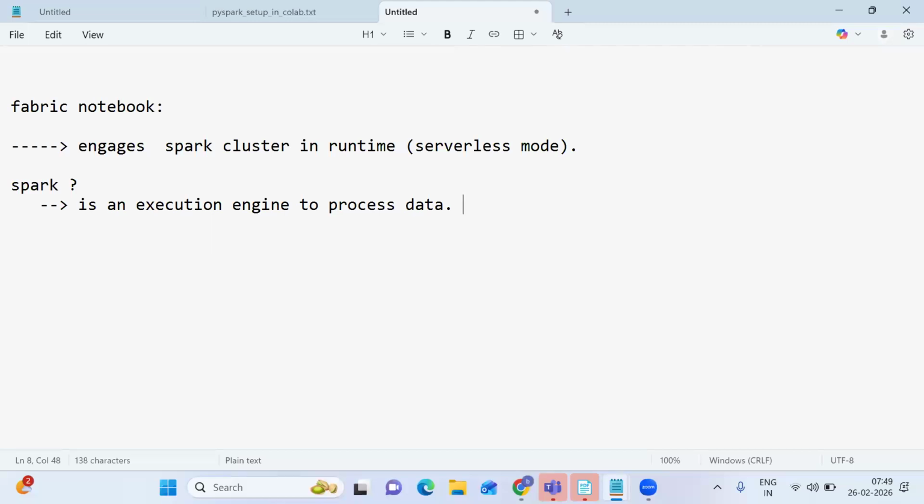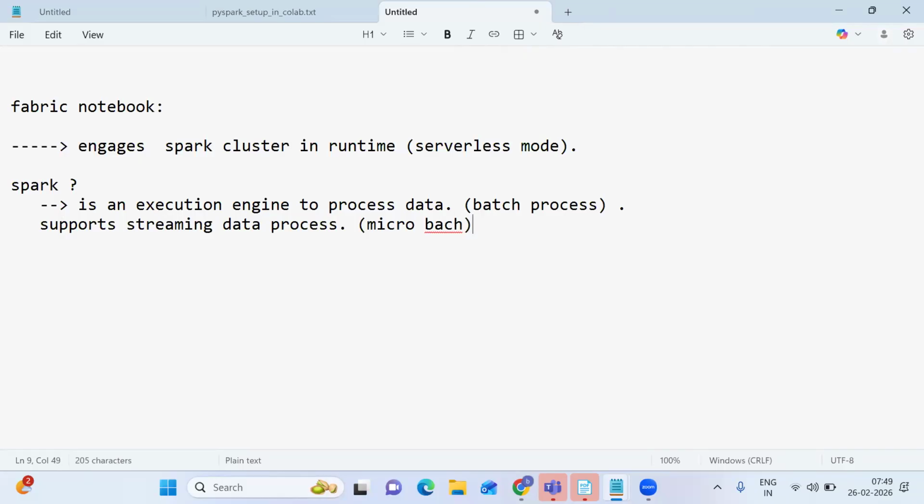Whenever you say process, what type of process? Batch process, and it also supports streaming data process. The streaming data process is in the style of micro batch.